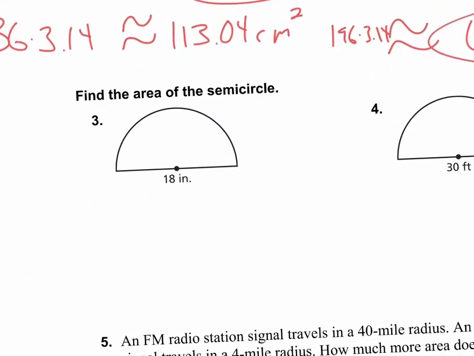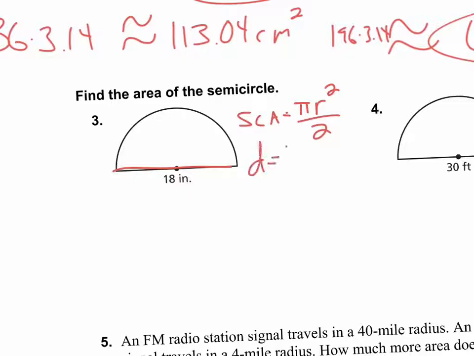All right, so now area of a semicircle. It's not the full circle, it's only half the circle. So you're going to have to divide by 2 because it's half. So for a semicircle, your area is pi r squared divided by 2. My diameter, or all the way across, is 18.